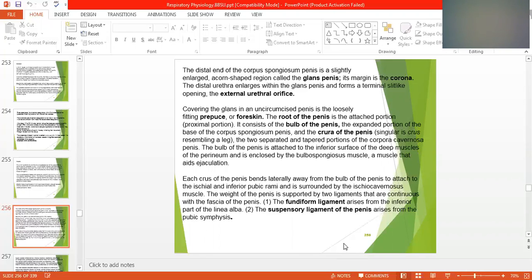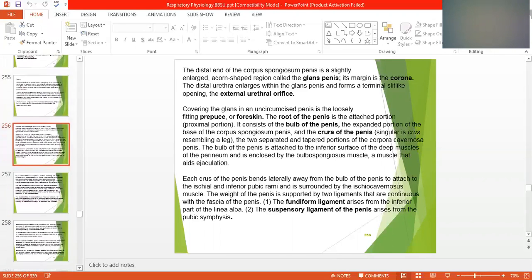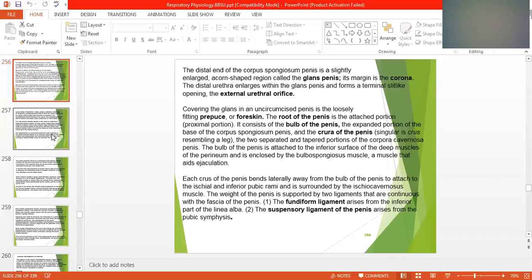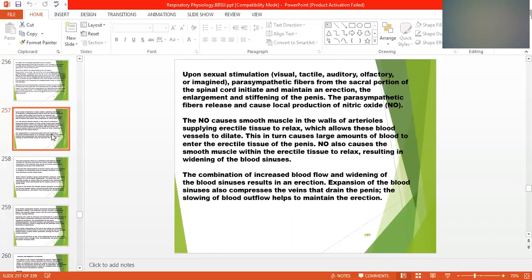This is the front bone. So you have listened how this organ is attached with different ligaments and muscles and bones and supported by them.